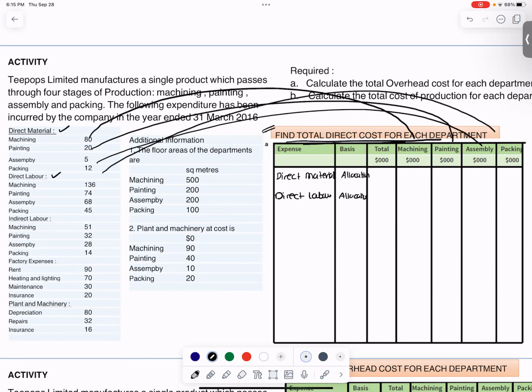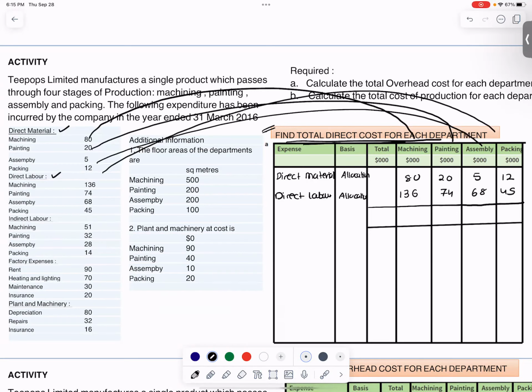Pick and put. So it will be 80, 20, 5 and 12, 136, 74, 68 and 45. You all will give me the total.